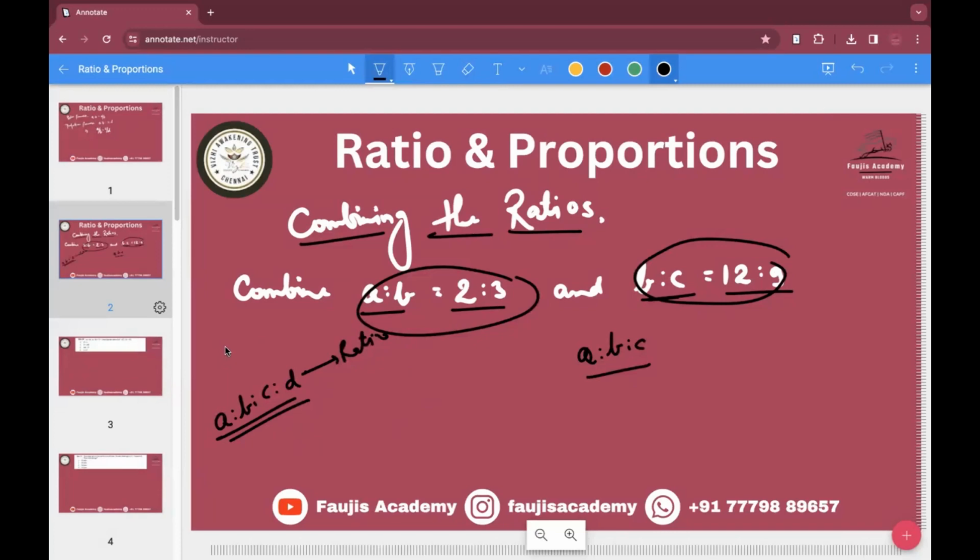Proportion is denoted by this sign, two sets of parallel dots. Combine these two ratios: A is to B, which is 2:3, and B is to C, which is 12:9.